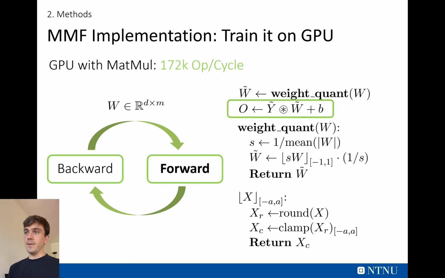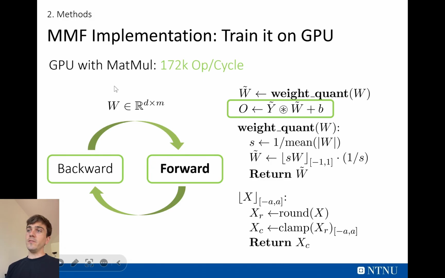And while doing the backward pass, internally you are computing the gradients, and then you are updating the weights, which normally are in floating point, in full precision representation. So here you do the same.